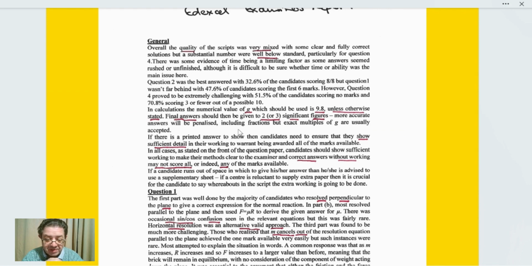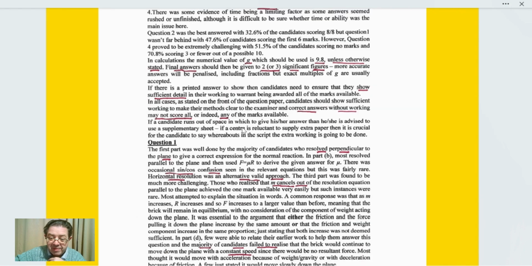And final answers are then given to 2 or 3 significant figures. And going more accurately than that will be penalised. If a candidate is asked to show sufficient details, then make sure that is done. A show that question means correct answers without working may not score at all.